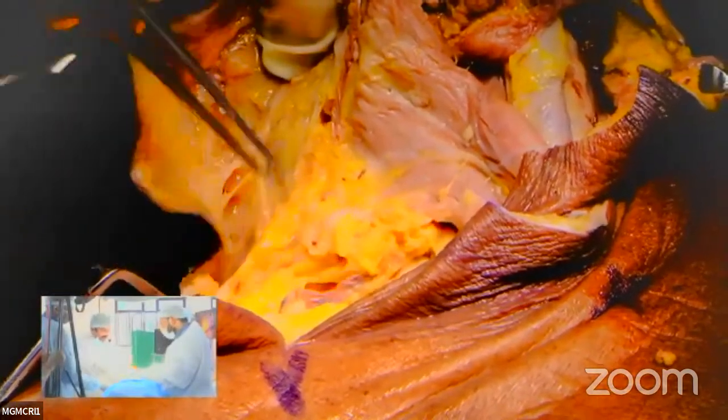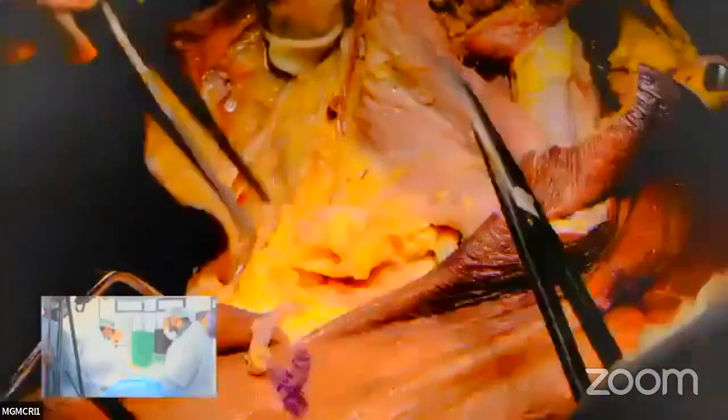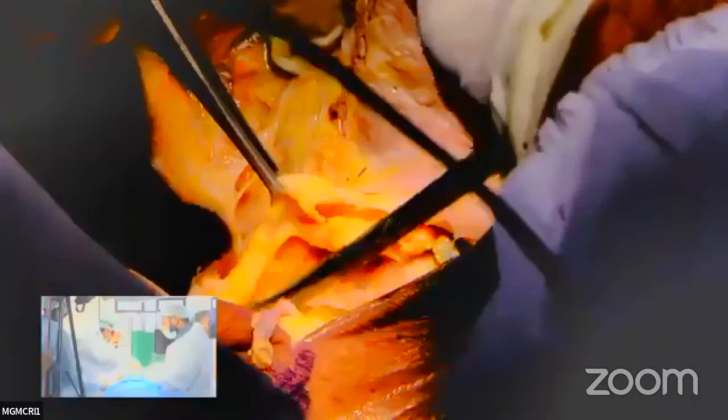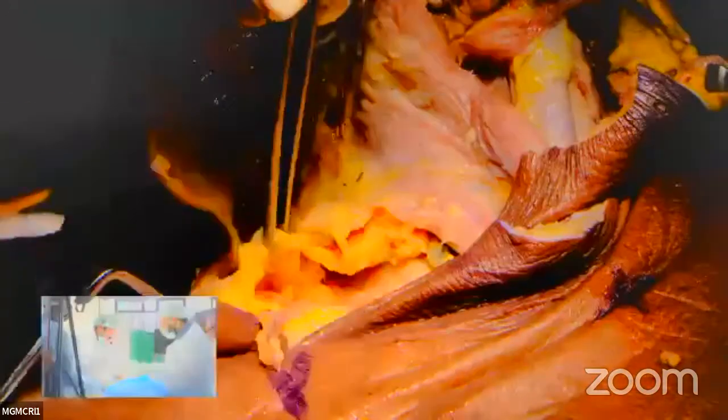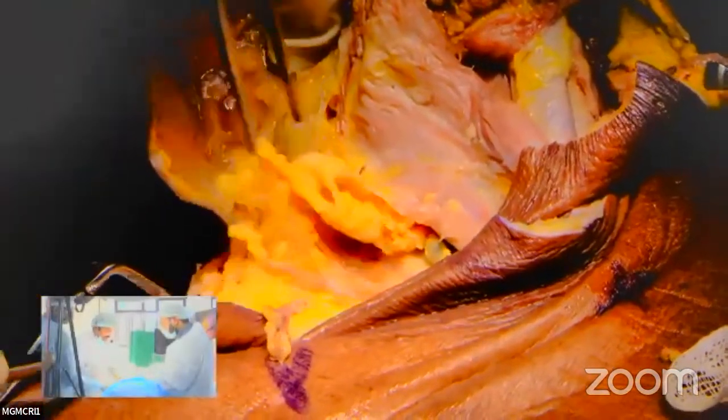Usually you have a vein here, which needs to be taken care of. So here you have your transverse cervical, trace your transverse cervical behind, identify your spinal accessory nerve, take all the structures in between in this area.